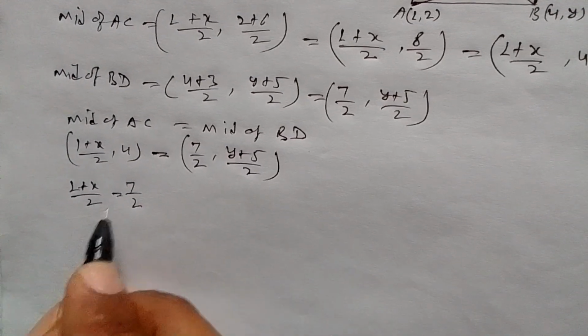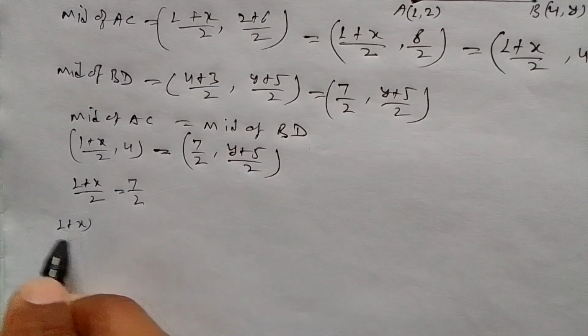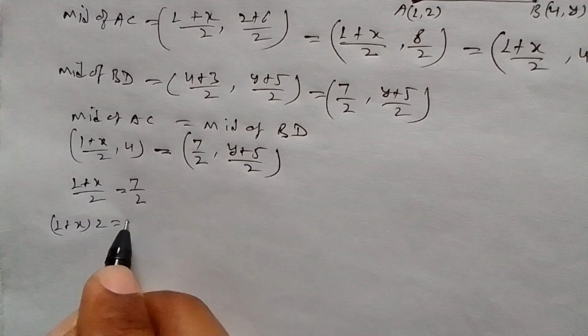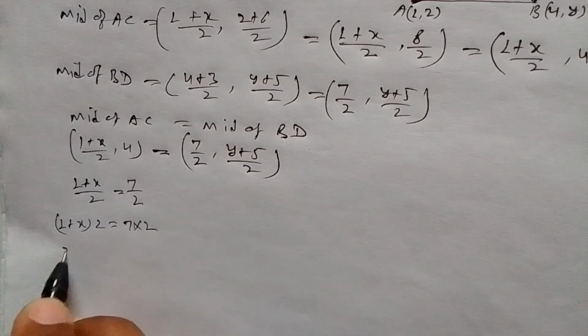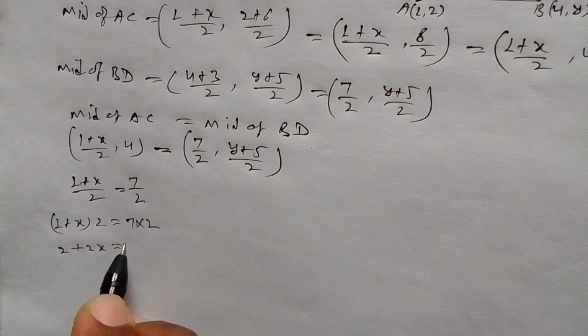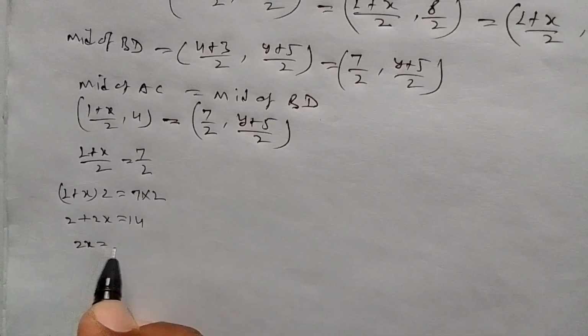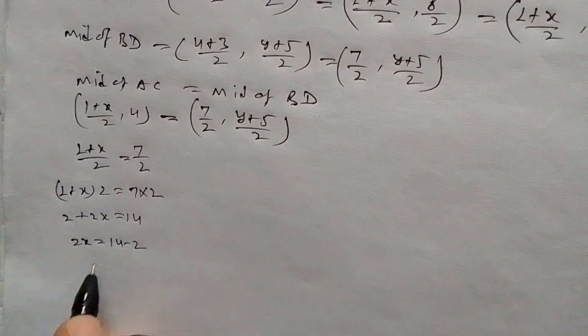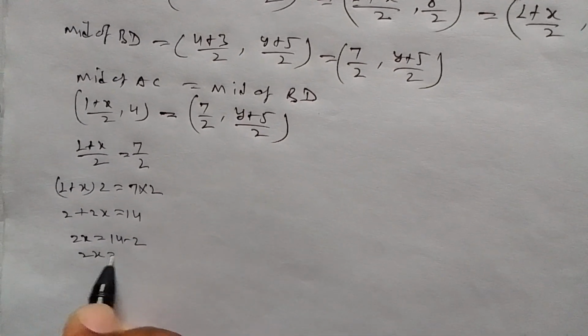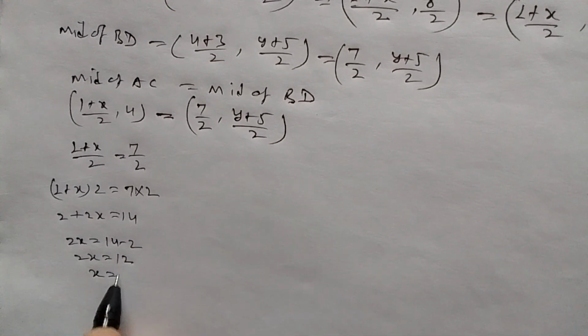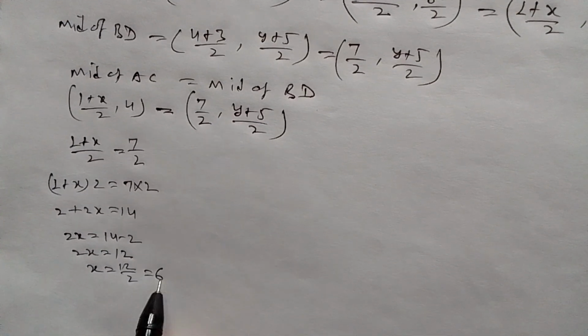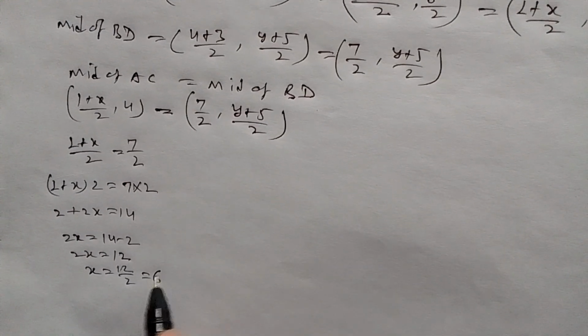So (1 plus x) multiplied by 2 is equal to 7 multiplied by 2, it comes out to 2 plus 2x is equal to 14. So 2x is equal to 14 minus 2, 2x is 12, x is 12 divided by 2, that is 6. So the value of x we have calculated is 6.